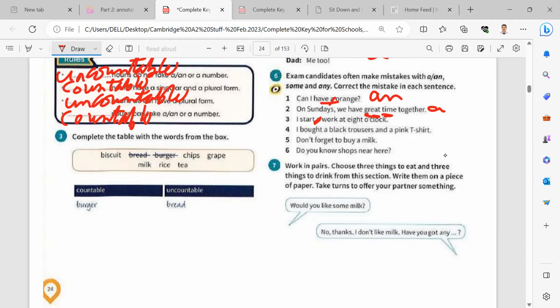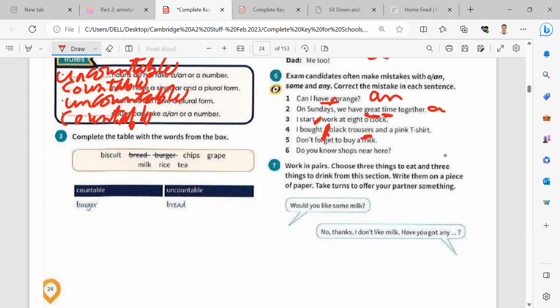The mistake is a black trousers. A pink t-shirt is correct, but a black trousers, no. Here trousers is a plural noun, so don't use a. So I bought black trousers and a pink t-shirt. If the noun is plural, don't use a.